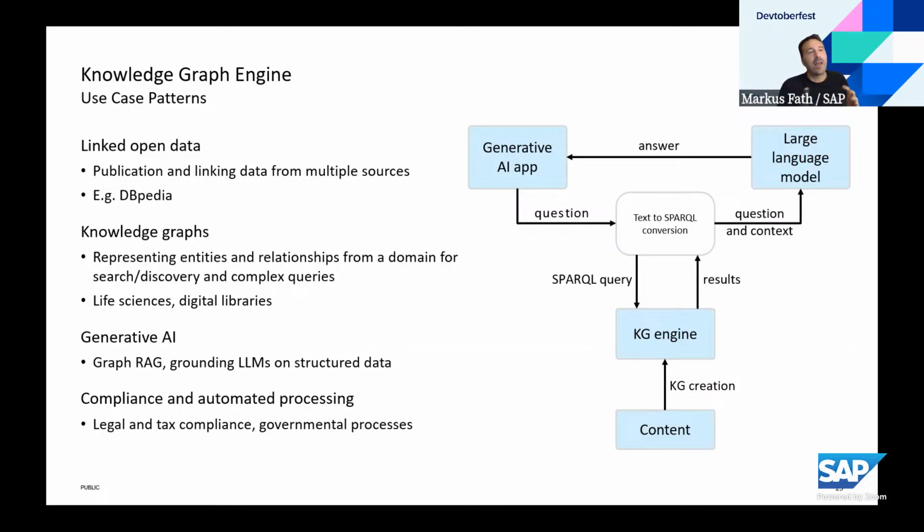So, for example, in life sciences, many companies are storing the information about their drugs and the recipes and the experiments and the research in such an RDF database. And by that, they are able to relate their company internal information, which they keep in their knowledge graph, to public sources like DrugBank and things of that nature.